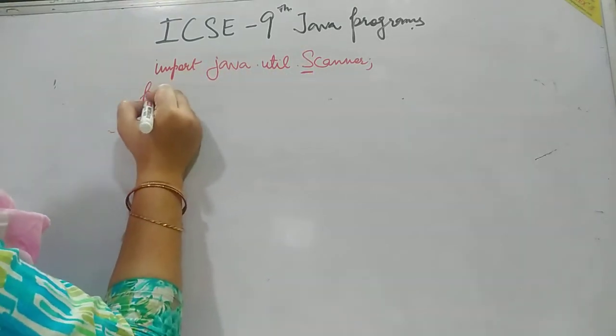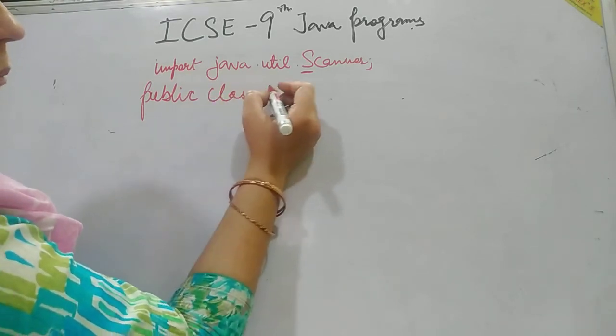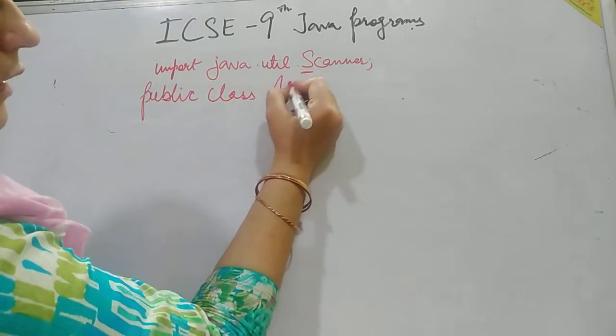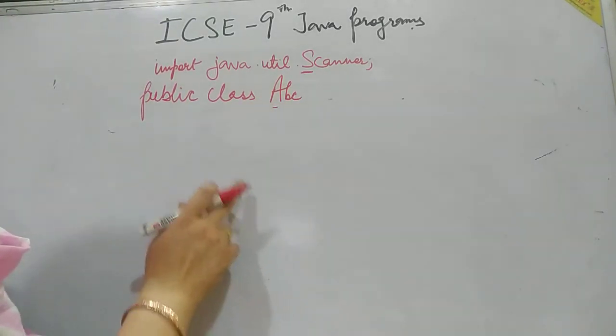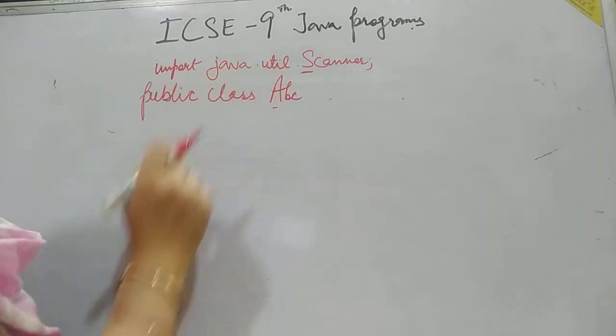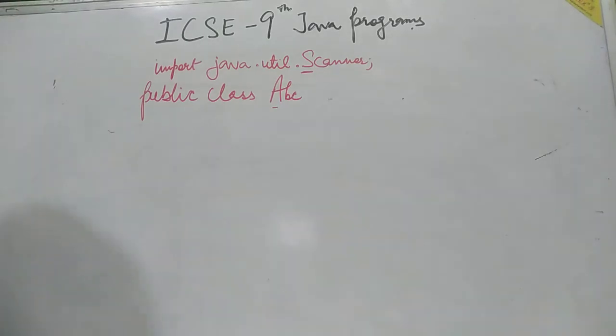Then we will write the class declaration line, that is public class, name can be any. Suppose I am writing ABC, so A is again capital as it is a class name, and the other letters will be written in small, and this is dot. Dot is the operator which is used to call the classes and the variables in the other classes.